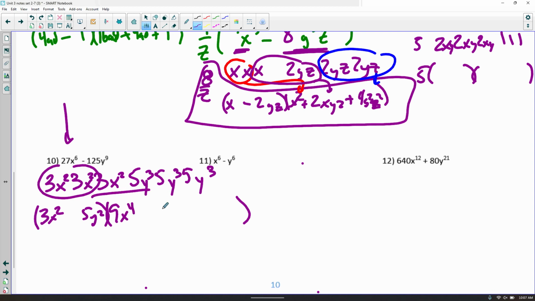Then you're going to multiply the middle ones together. And then you're going to finally finish up with the last 2. And then you're going to do the signs, minus, plus, plus. So even if they're really large numbers on there, you can do it.